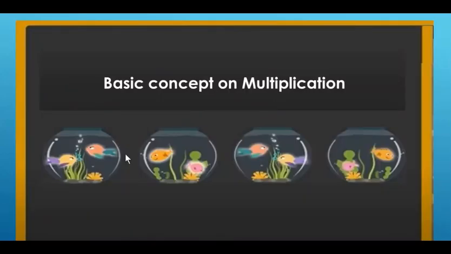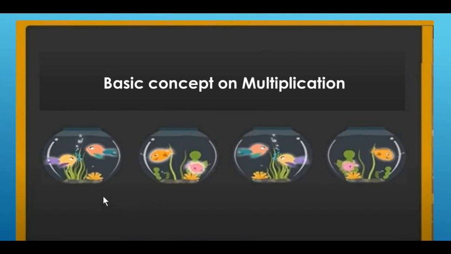My dear students, let's understand the basic concept of multiplication with the help of this picture. Students, what are you seeing here? Yes, there are 4 fish bowls and each bowl has 2 fish. How many fish are there in total in all 4 bowls?